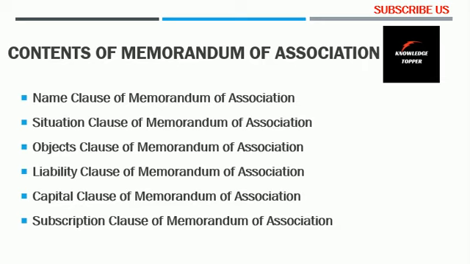Then we have the last one, which is the subscription clause of the Memorandum of Association. It contains the names and addresses of the first, initial subscribers to the memorandum, and whether they must take at least 1 share or 2 shares, according to different countries' Companies Acts.